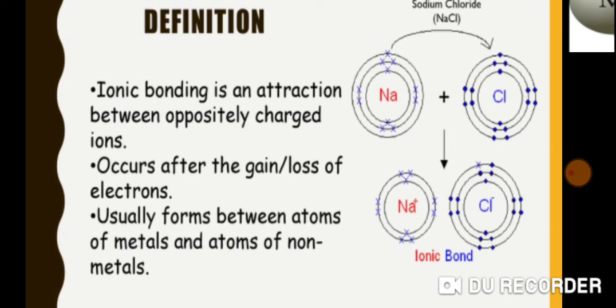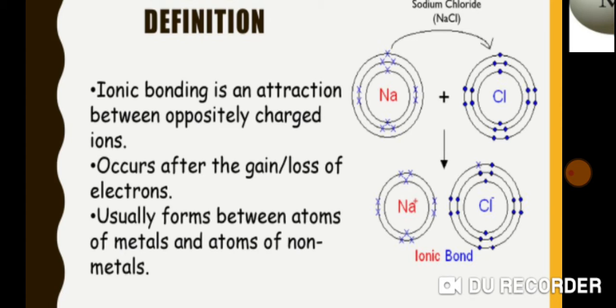You know that the positive and the negative attract. So this is how sodium, a metal, is positively charged, and chlorine, a gas or a non-metal, is negatively charged, and there are certain forces of attraction between them. So they gain or lose electrons to become a bond or normally a compound. So this is how the phenomenon takes place.